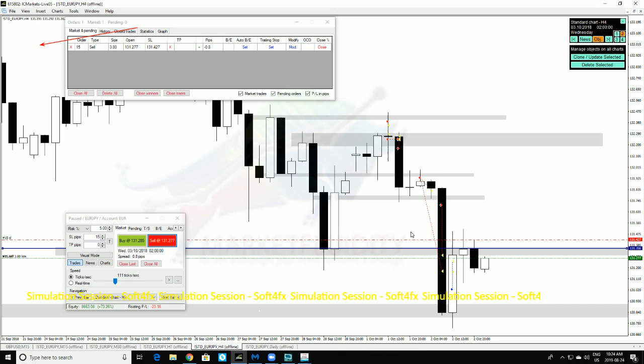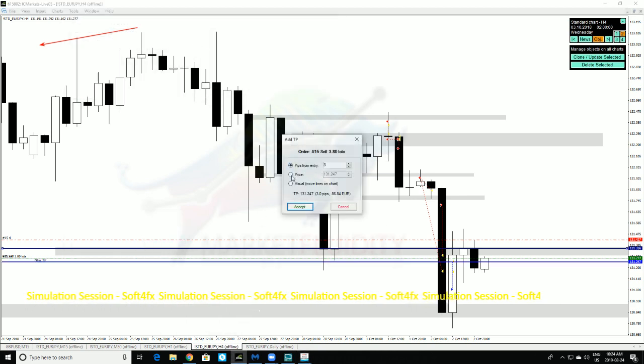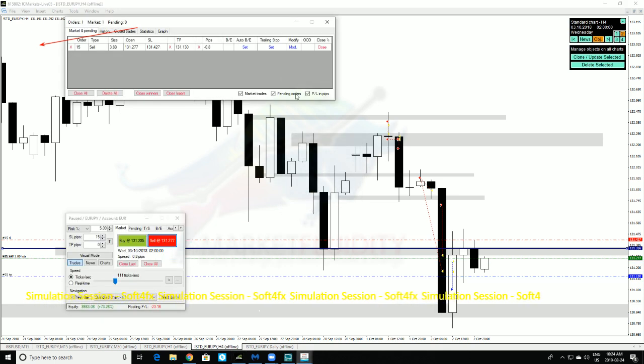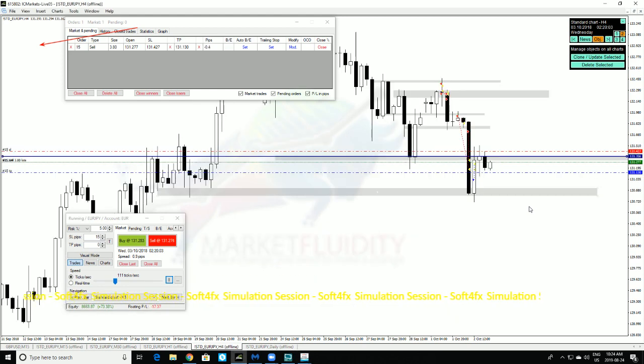So let's do 131.130. Perfect. This is just based off the 4 hour, trying to visualize the 4 hour turning bearish. There is an hour and a half left for this 4 hour to turn bearish, so that's what we're going to hope for.